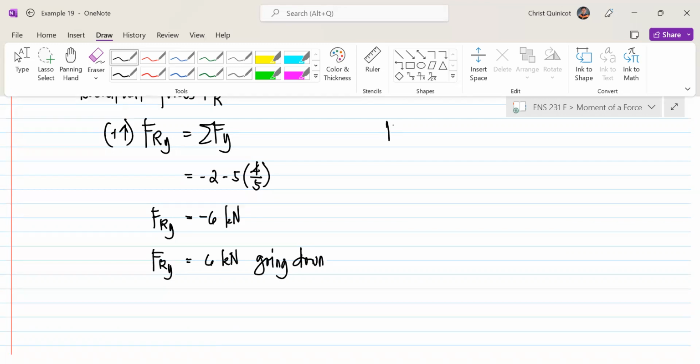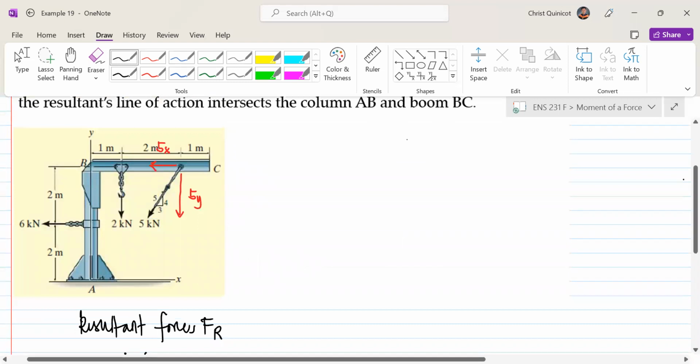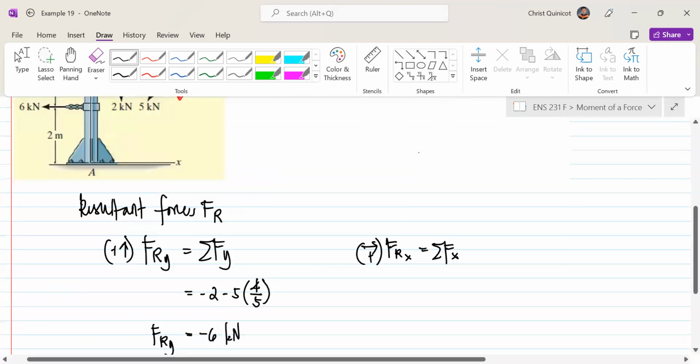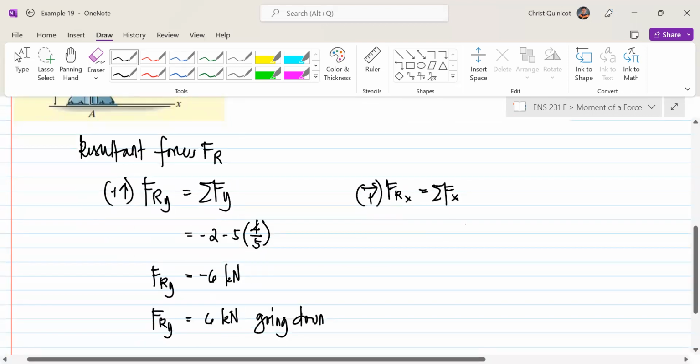Now the x component of our resultant force is equal to the sum of all forces in the x direction, assuming to the right positive. Although you can see by inspection that all of our forces are going to the left, so you could assume to the left is positive, for the sake of consistency I will be using to the right as positive.